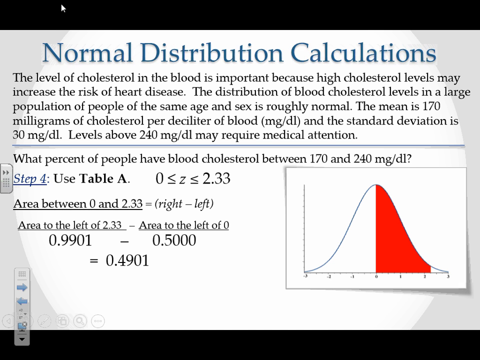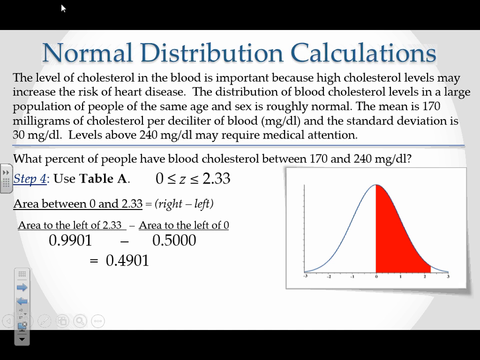So in context, what does this 0.4901 mean? So about 49% of all boys are between the 170 milligrams per deciliter and the 240 milligrams per deciliter, right?